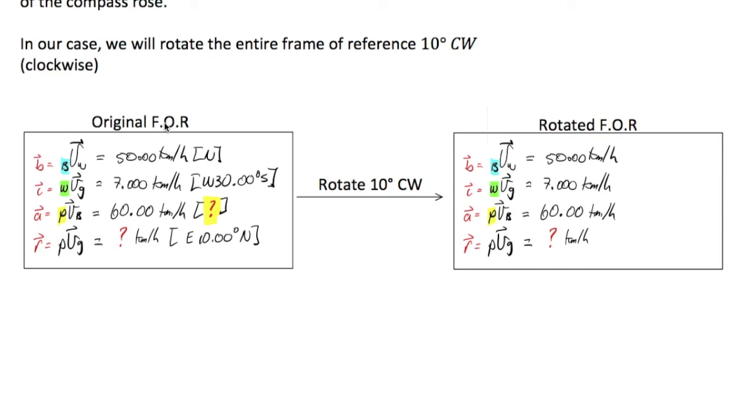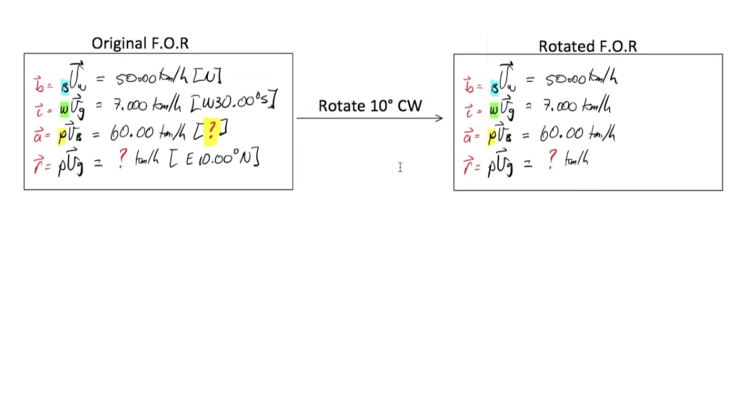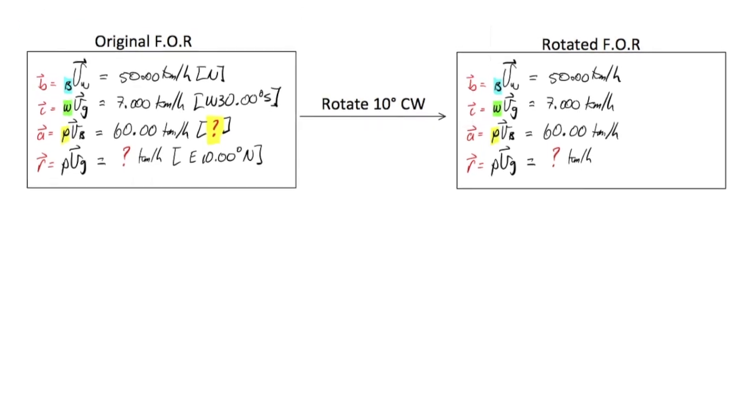In the original frame of reference, we were north. Now, if we rotate 10 degrees clockwise, my apologies, for the sake of clarity, I'm going to drop a little compass rose here and use it as a little model to help us determine the correct orientation.